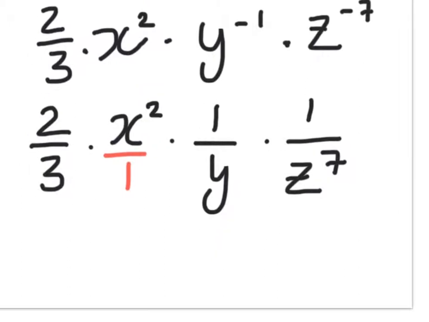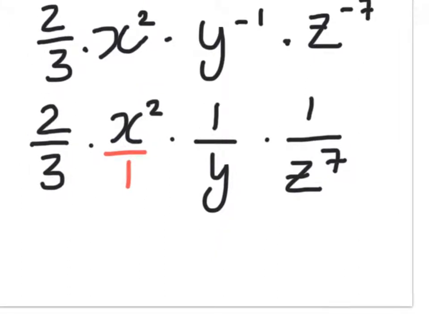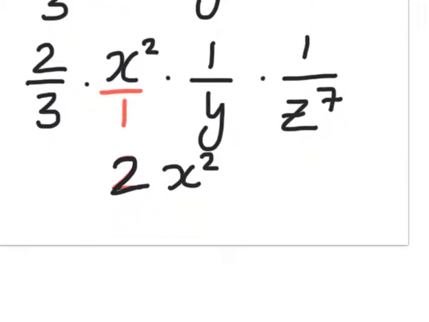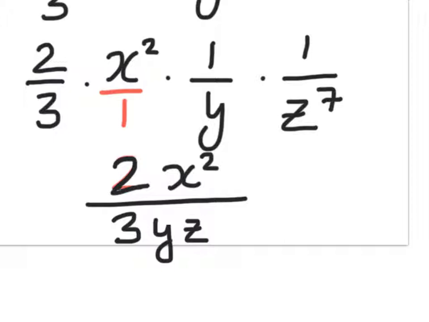And how do we finish it? Top times top times top times top, so we have 2x squared over, well, 3 times 1 times y times z to the 7. So it's 3 times 1 is just 3, y, z to the 7.